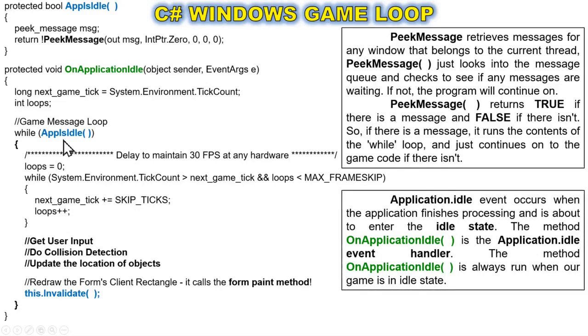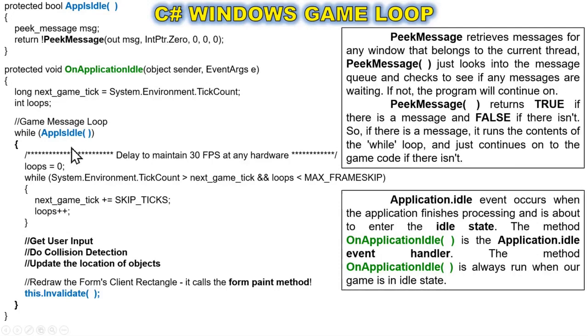Let us focus our attention on the definition of the method OnApplicationIdle. The Application.Idle event occurs when the application finishes processing and it is about to enter the idle state. The method OnApplicationIdle is the Application.Idle event handler. It is always run when our game is in idle state.